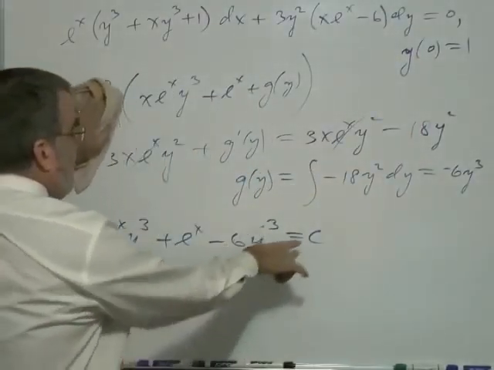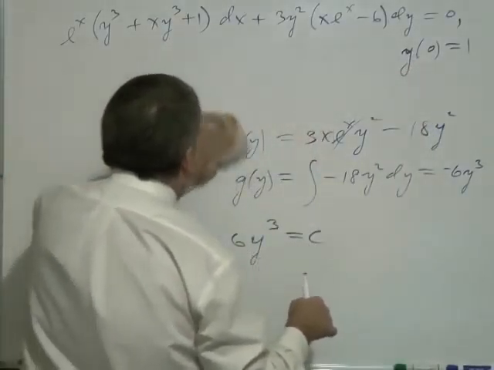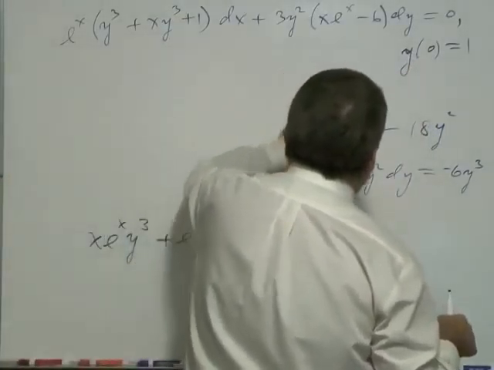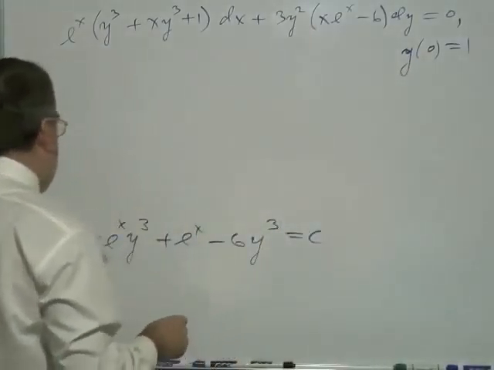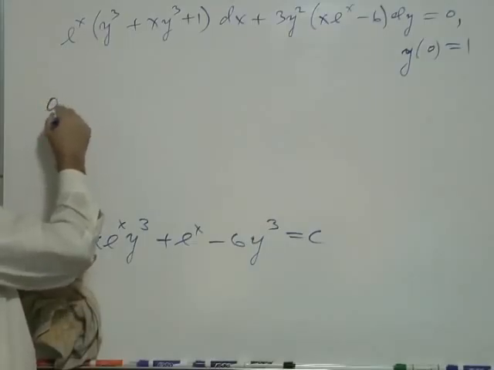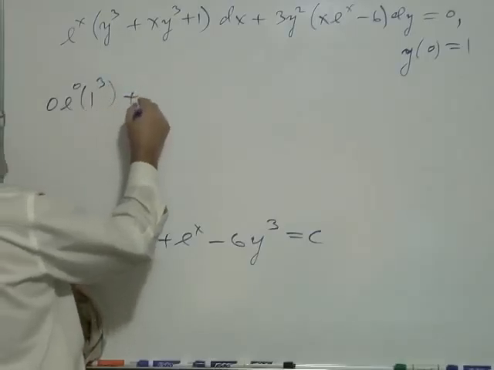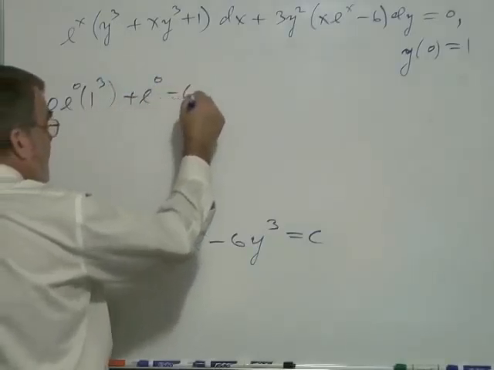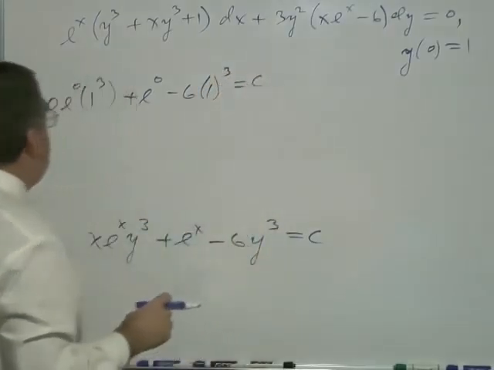And the only thing left is to figure out what our constant c is by using our initial condition. So we'll plug that in. When x equals 0, y equals 1. So I have 0 times e to the 0 times 1 cubed plus e to the 0 minus 6 times 1 cubed equal to a constant.